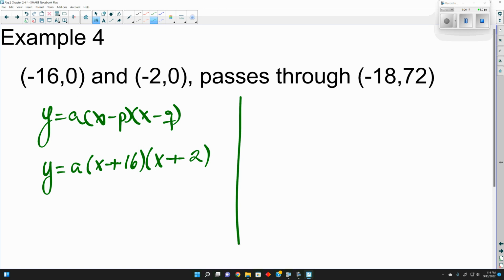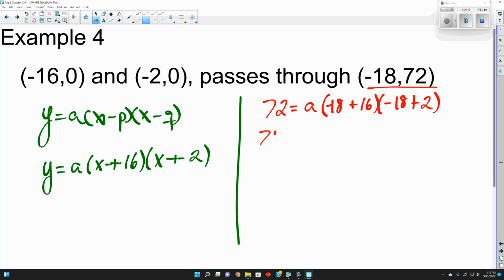Now, the only thing we need to do is find the value of A, yes? So we're plugging this in for X and Y. We're saying that 72 is equal to A times negative 18 plus 16 times negative 18 plus 2. And again, we could type this all into a calculator.